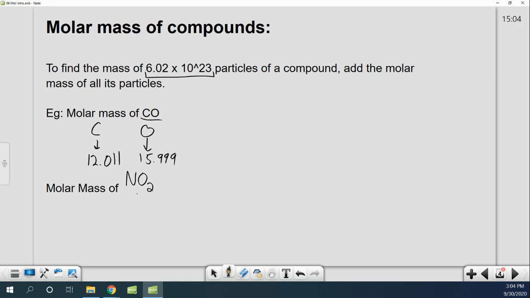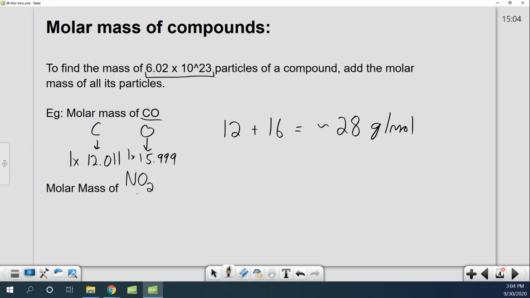All right. So how many do I have? I've got 1 carbon atom. I've got 1 oxygen atom. I'm going to round these a little bit just to make the math easier. If you'd like, you can definitely keep more precision. So I've got 1 times 12.011, which is basically 12, plus 1 times 16. So the molar mass of carbon monoxide is approximately 28 grams per mole.